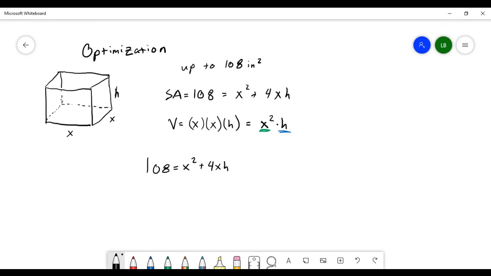So if we rewrote that to get h by itself, we would get that h is equal to 108 minus x squared divided by 4x, correct?